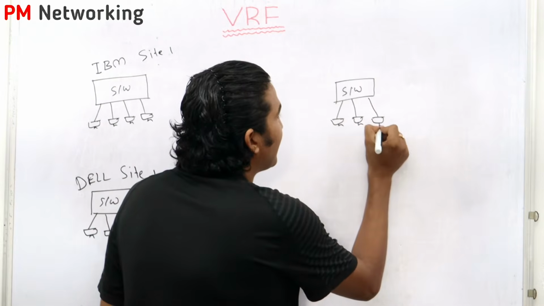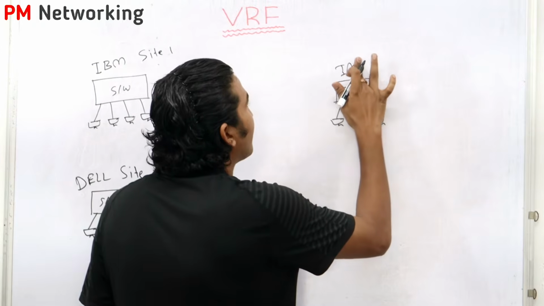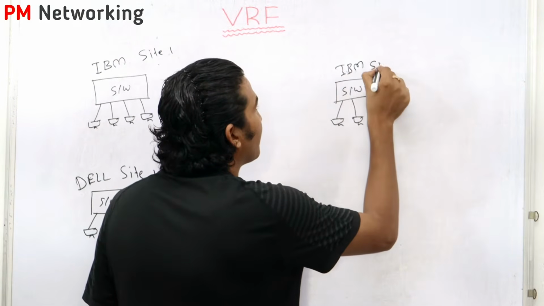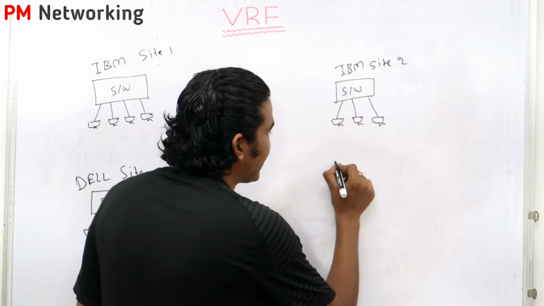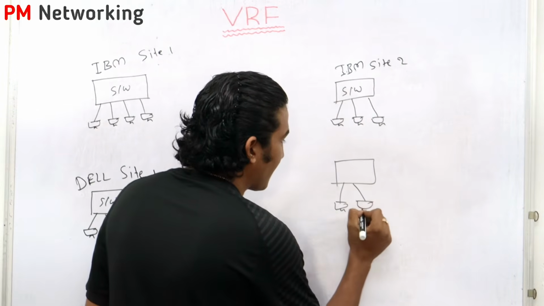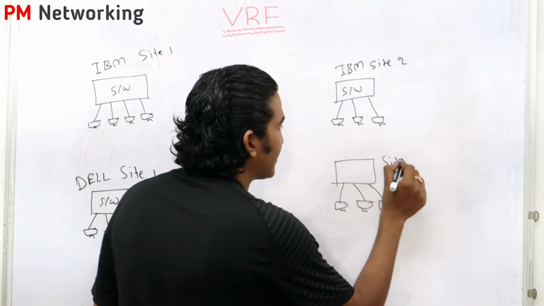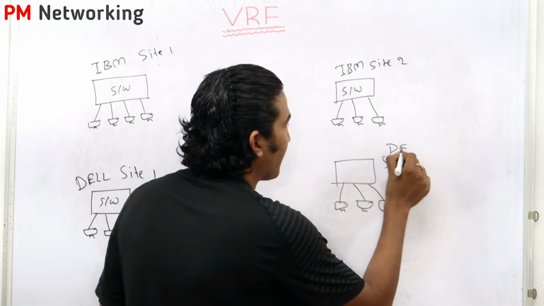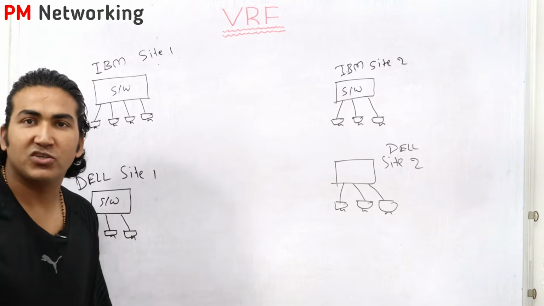This is, let's say, IBM side 2, and here is side 2 of Dell also. This is Dell side 2. Okay, now they need to connect their branches, right?